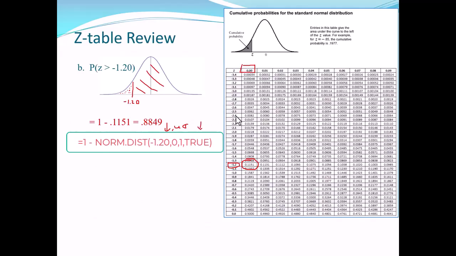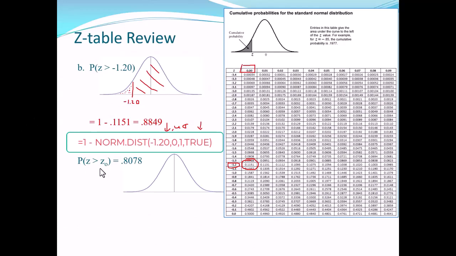And so the norm.dist function is an alternative to the cumulative normal table. Now again, we can put in values of mu and sigma right here. So it works for standard normal distributions, but as we're going to see in this lecture, it works for non-standard normal distributions as well.